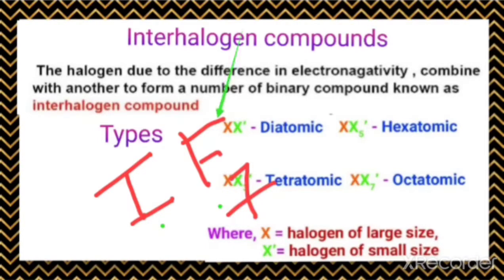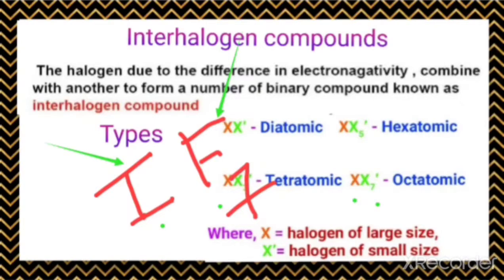It is smaller in size compared to iodine and more electronegative than iodine. So that is represented as XX dash 7. That means X dash is smaller in size and of high electronegativity, and X is larger in size compared to fluorine.